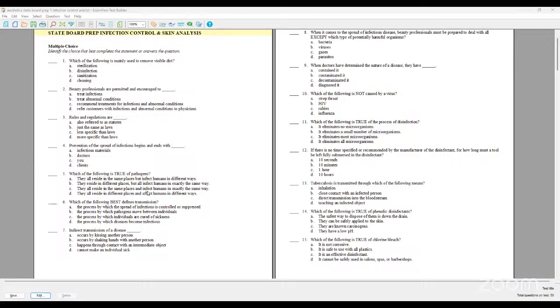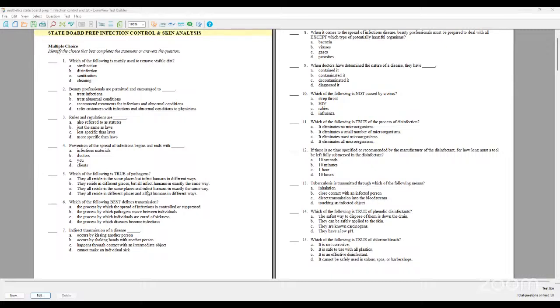Number 7, indirect transmission of a disease. Direct transmission of a disease is shaking your hand, so it's going from person to person. Indirect means I've touched an object or I've sneezed in the room without covering my mouth, and then you come in and breathe that same air, and then you move from there.